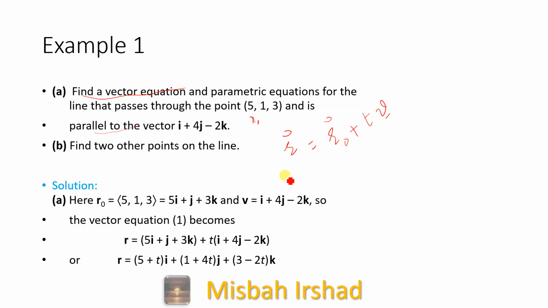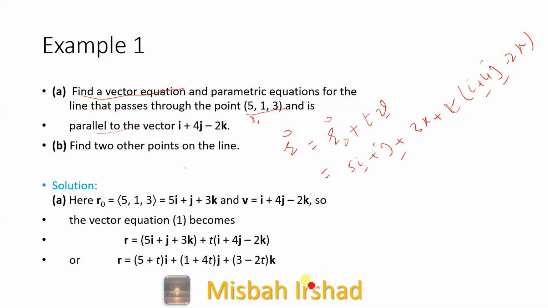So r here is the position vector of an arbitrary point on the line. This is equal to r naught, the position vector of this point, which is 5i plus j plus 3k, plus t times the vector b, i plus 4j minus 2k.